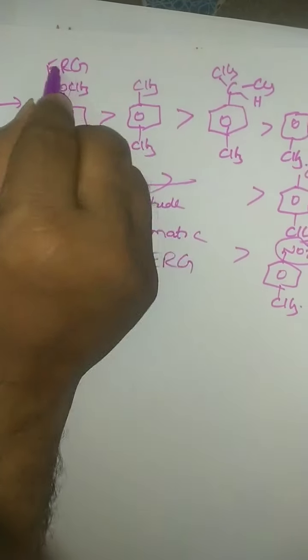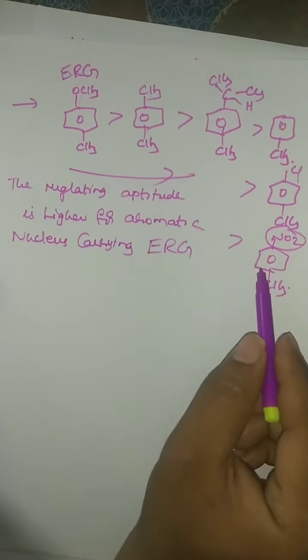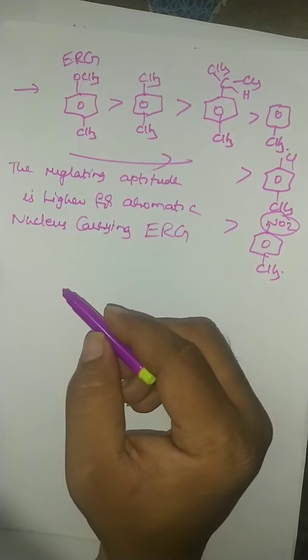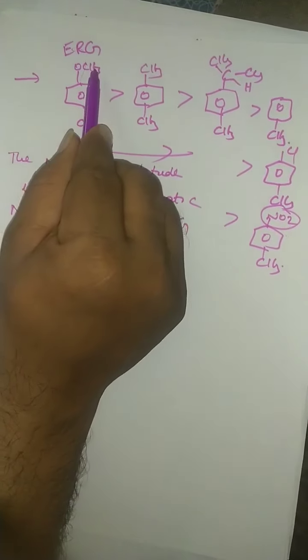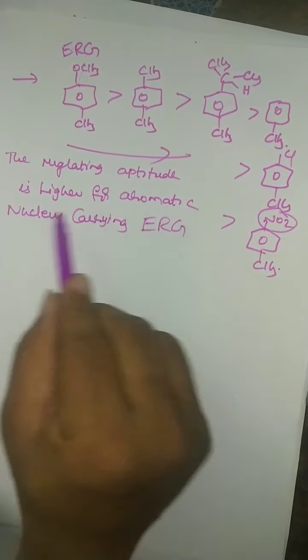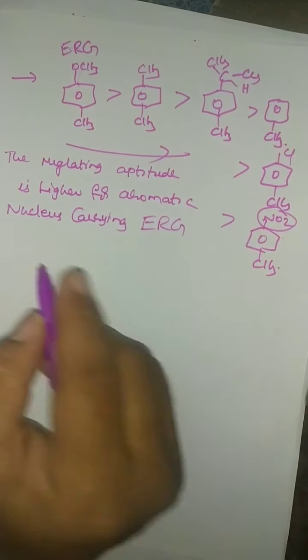Remember, if electron releasing groups and withdrawing groups are present, which one undergoes migration during pinacol rearrangement? That is the electron releasing group. Migrating aptitude is higher for an aromatic nucleus carrying an electron releasing group.